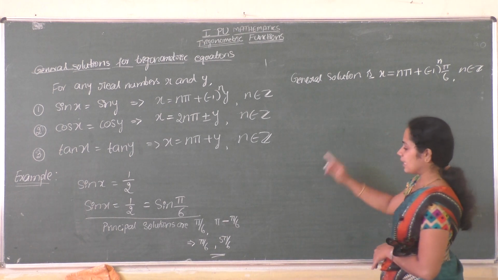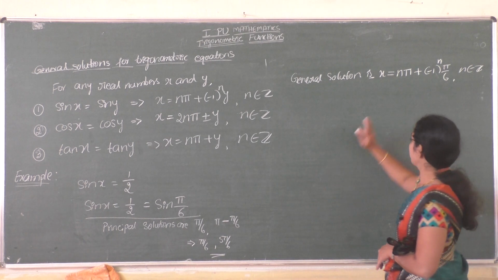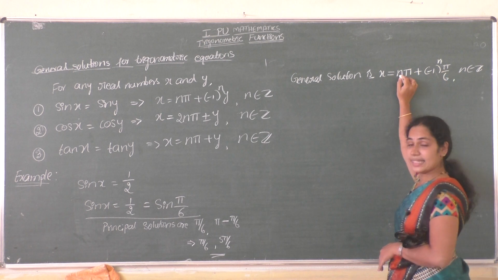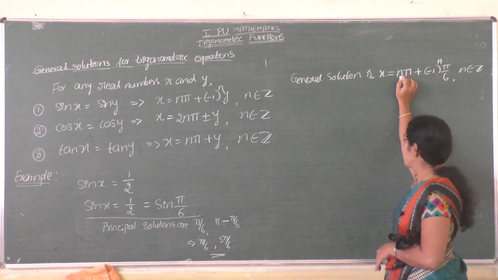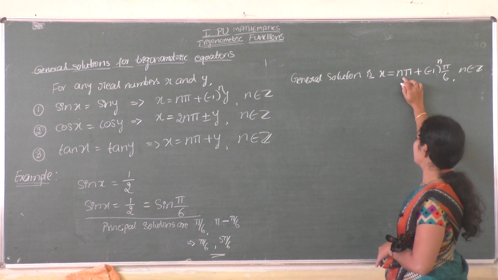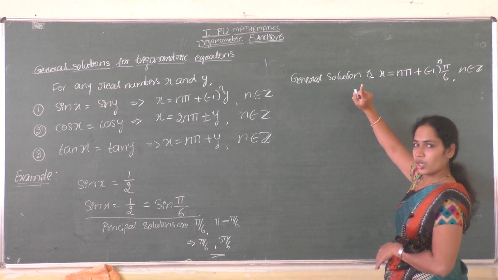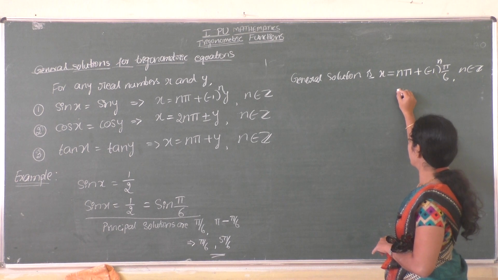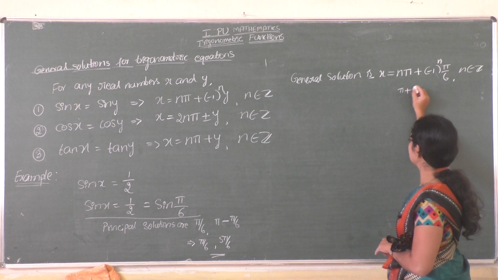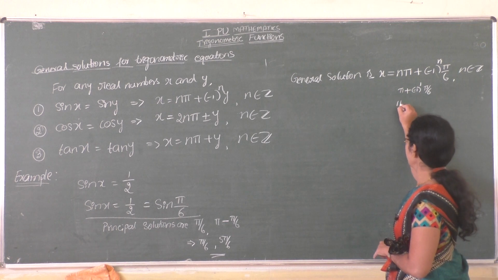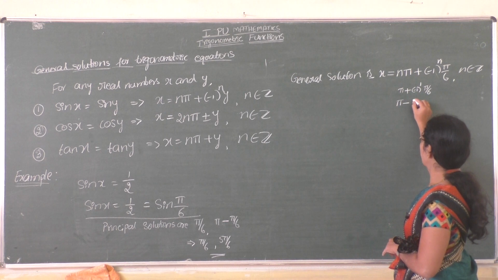Now let us check. First value is pi by 6. That we will get if n is 0. If n is 0, x is pi by 6. If n is 1, substitute: pi plus minus 1 to the power 1 into pi by 6, pi minus pi by 6.